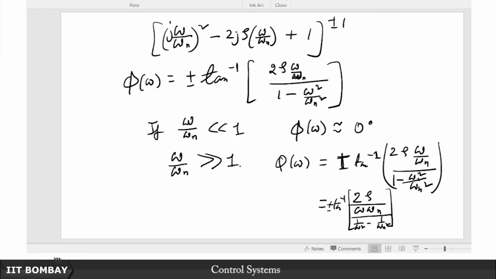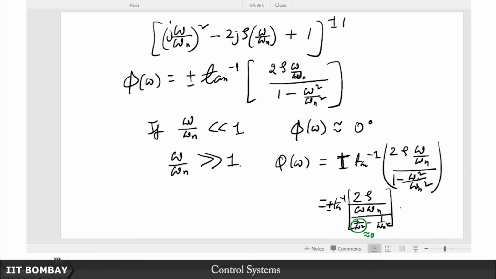As omega tends to infinity, this term goes to 0, this term goes to 0. So we will be left with only this minus 1 by omega n squared here, which is a constant number.